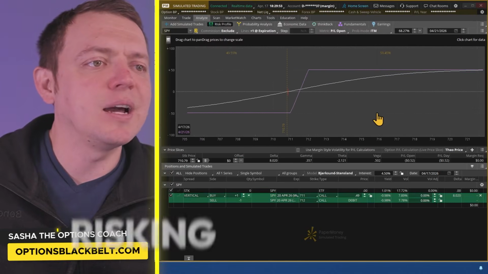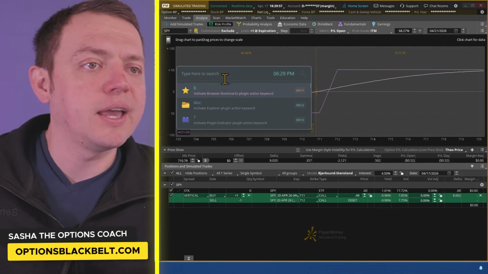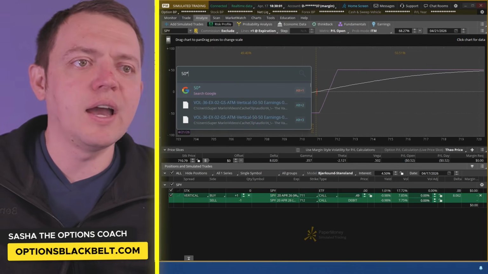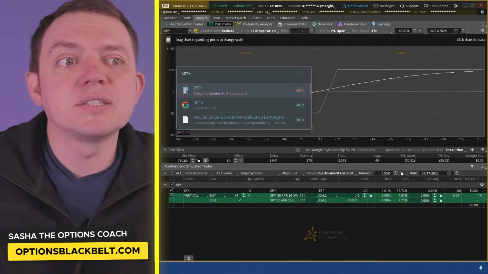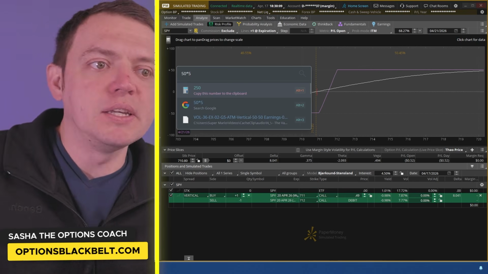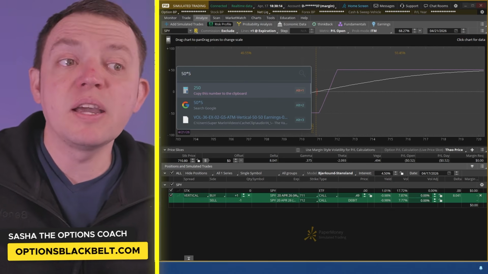At the end of the day, I'm risking 1 to make 1. And if I lose, let's say 5 of these, well, I risk 50 times 5, that's $250. I lose $250. So it's not as big of a problem as maybe the SPX, where you're risking $400 to make $100.